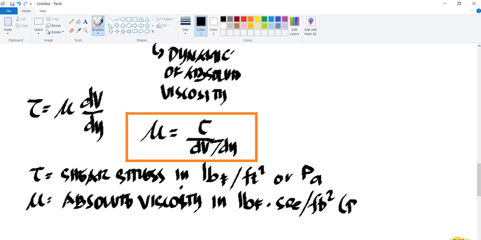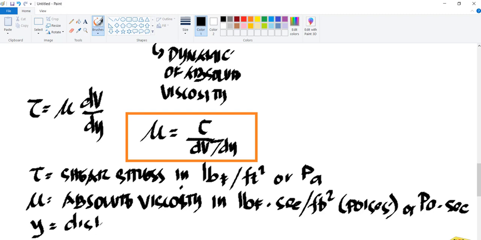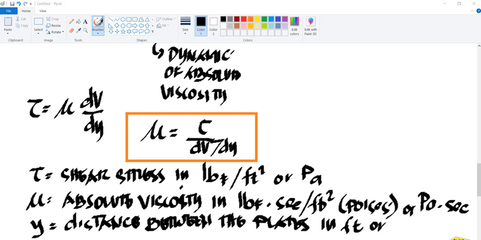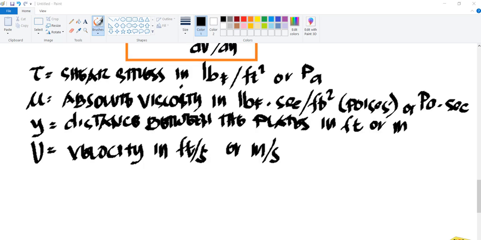It can also be called poise, or it can be expressed as Pascal second, where y is the distance between plates in feet or meter, and u is the velocity in feet per second or meter per second.